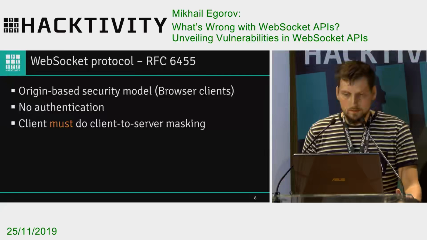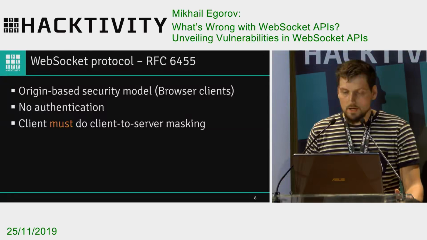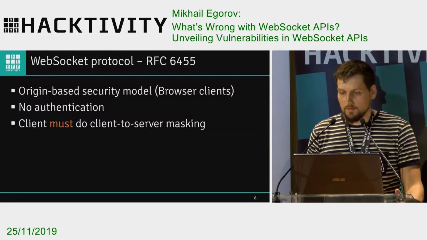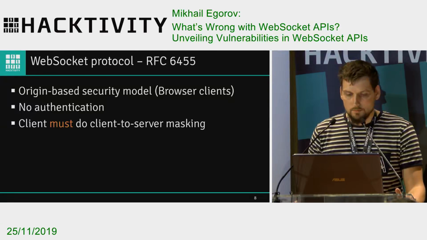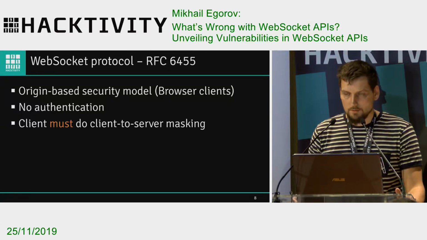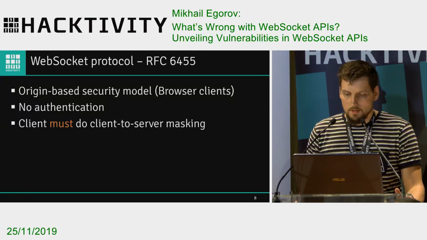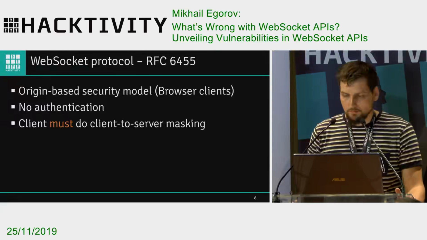A WebSocket connection could be initiated from a browser. Major browsers currently support the protocol. The same-origin policy mechanism is not applicable to a WebSocket connection established from a browser. For such cases, an origin-based security model is used. Also, the protocol does not offer any authentication mechanisms.